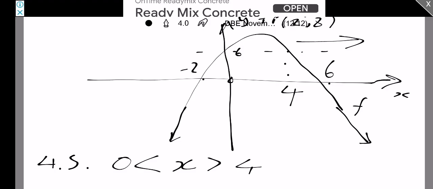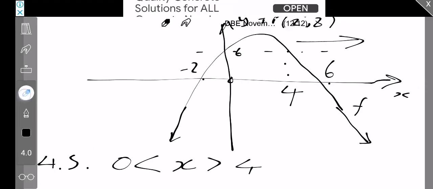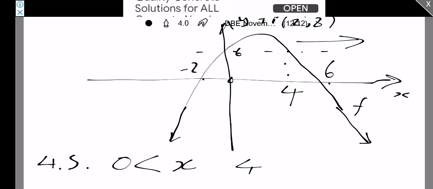That is going to be your answer there. Okay, let me just look into that.